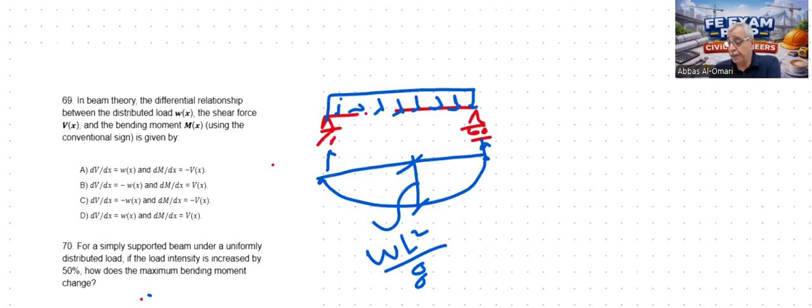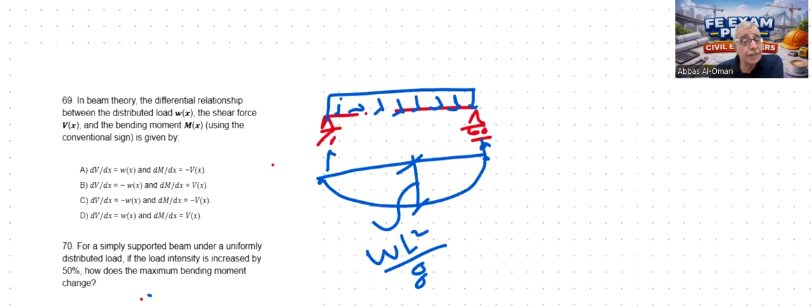In beam theory, the differential relationship between the distributed load W, the shear V of X, and the moment M of X. There's a differential relationship between these three elements: W, the load, V, the shear, and M, the moment.